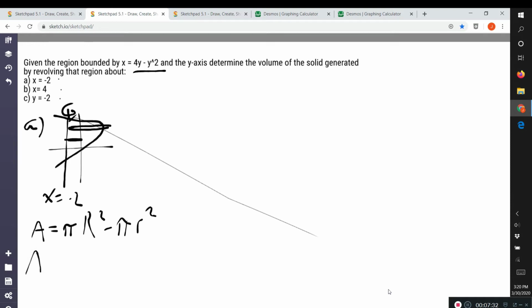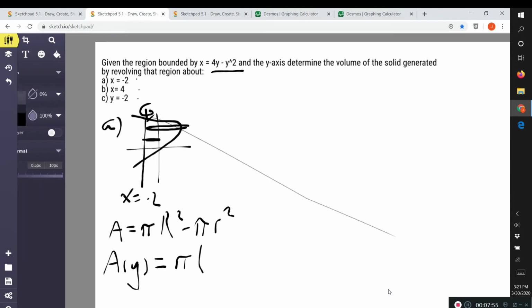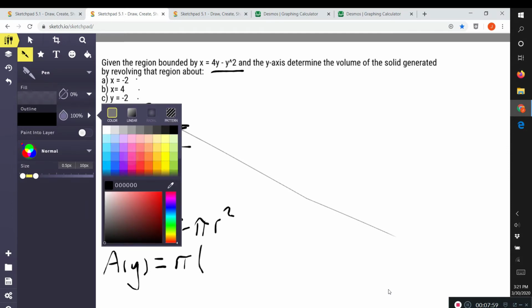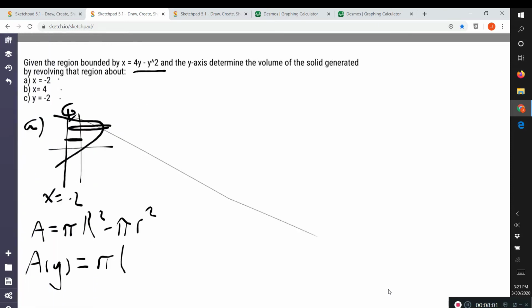So let's put it in terms of the variable we're working with. We're working with y, so I'm going to call this area with respect to y. So in this case, our big radius is rather complicated. 4y minus y squared represents the distance from the x-axis to the curve.